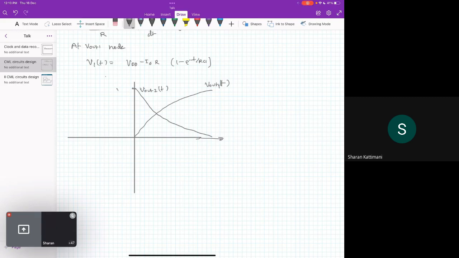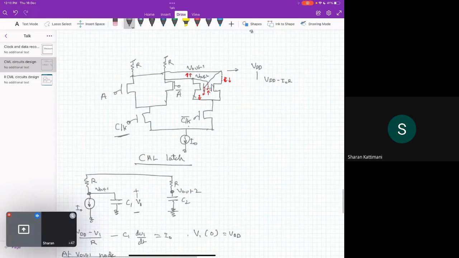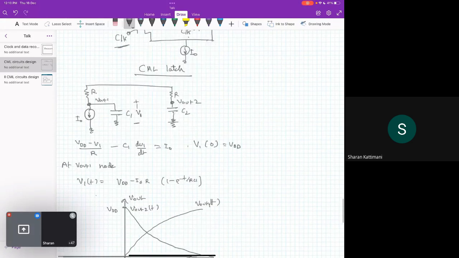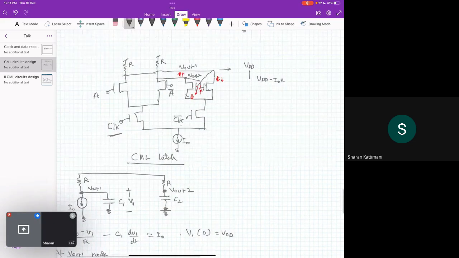Okay, so this is VDD, this is Vout. Okay, so this is the operation of initial charging and discharging. Okay, so this is how it should go. But what will happen is that after a certain t critical, okay, after a certain t critical, if this is time, this positive feedback will be active.